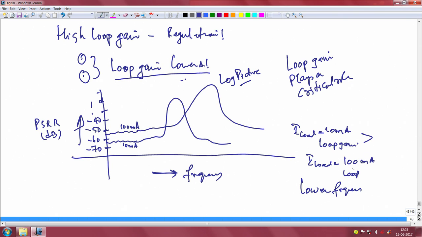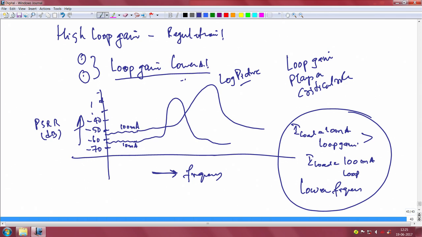Now you can see this is the ability of the LDO to reject ripple, okay, and its ability to reject ripple is much superior at lower frequencies and at low loads.